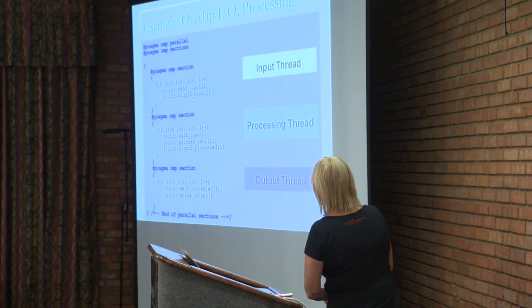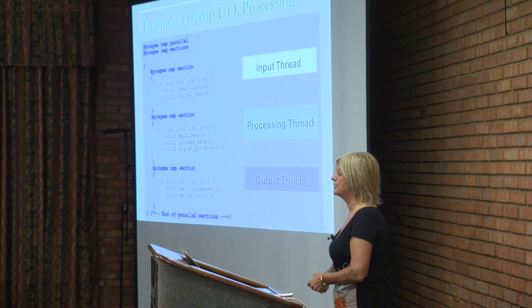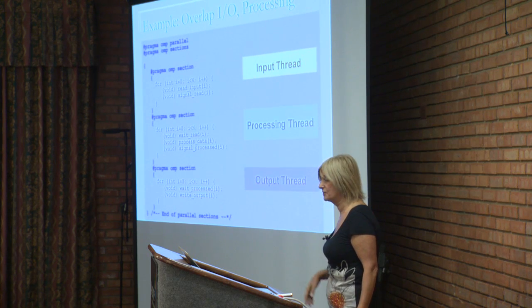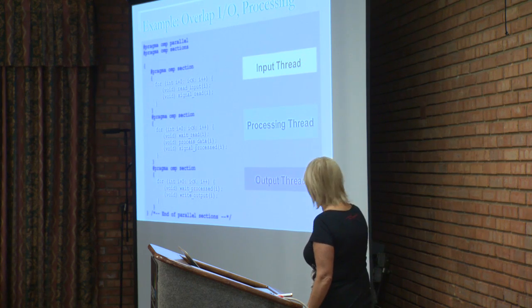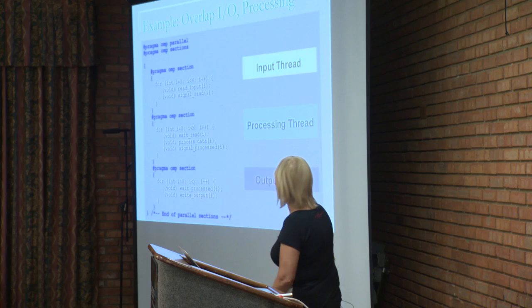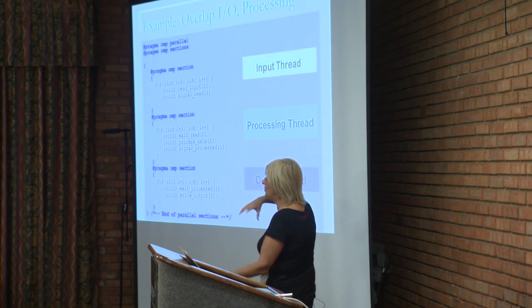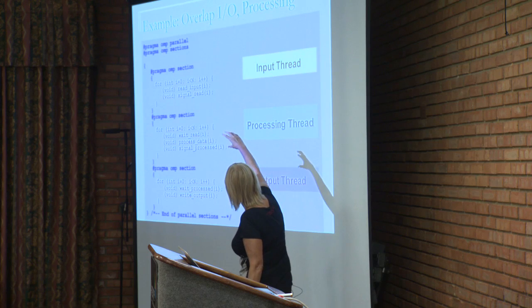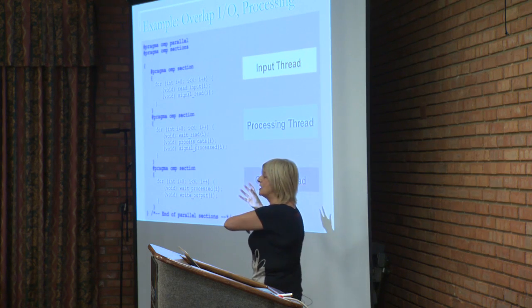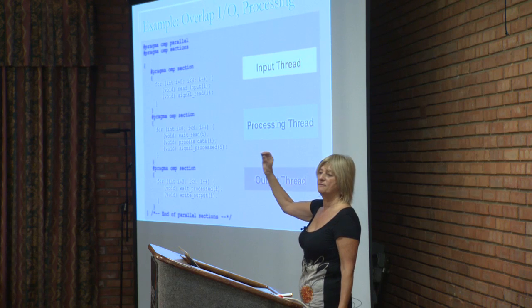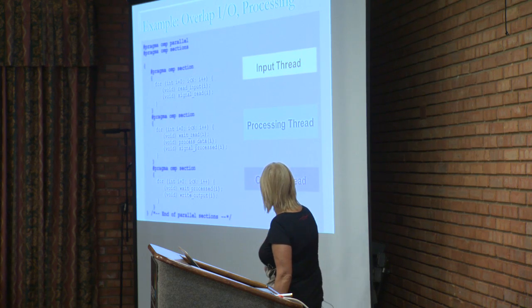Just to share one quick example of a place where we used this in a piece of code, it was actually from the oil and gas industry. It was doing a lot of I/O, and we used sections as one of the ways in which we organized this code. So we had basically a section that was reading in a chunk of data, setting a variable which basically said this data is available for processing.